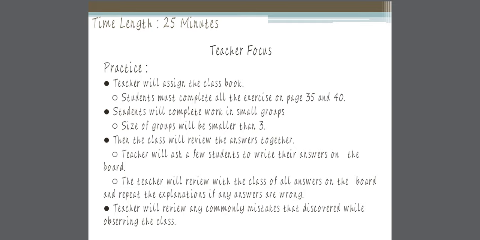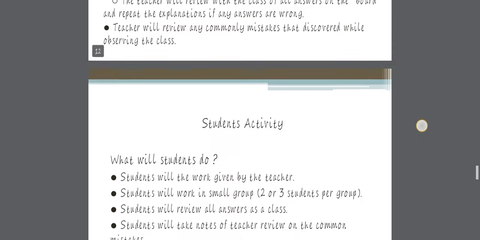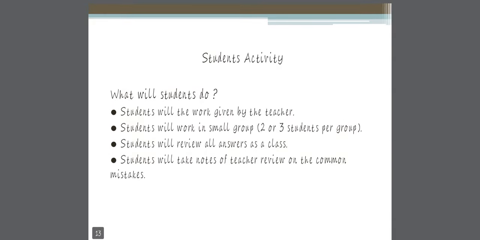And the last sub, by reviewing the mistakes after the observation, the class will correct the students' ways to have better understanding of the materials overall. For the student activities, what will students do? In the first sub, it is an activity that must follow the teacher's instructions. For the second sub, working in groups will help students have more points of view in understanding the materials.